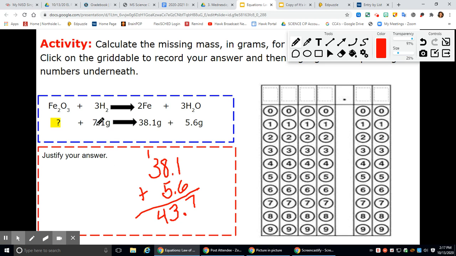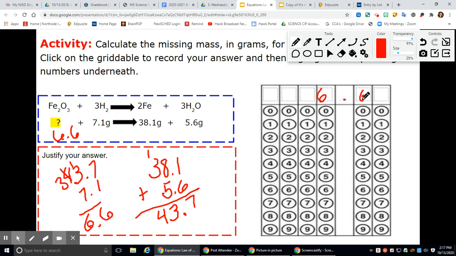So what we need to do, if this reactant is 7.1, we're going to have to take 43.7 and subtract 7.1. And we have 6.6.